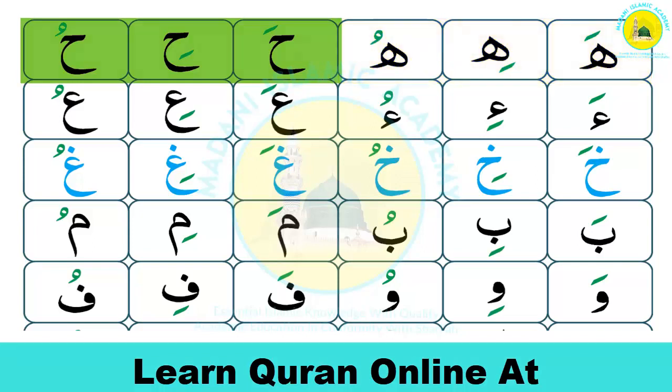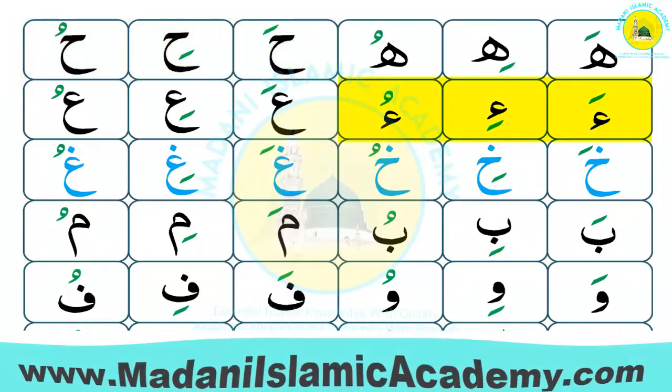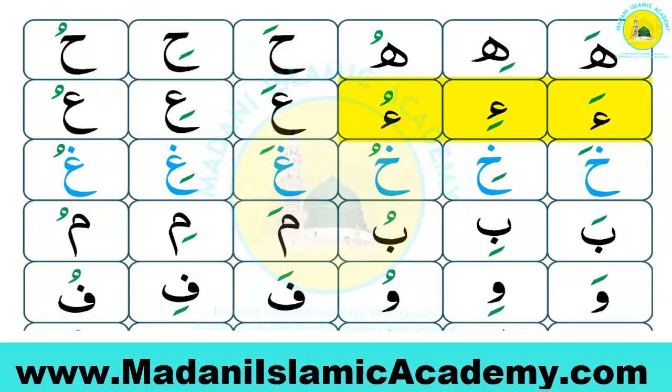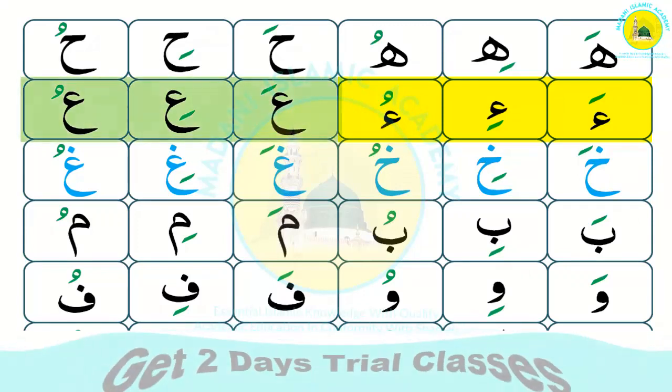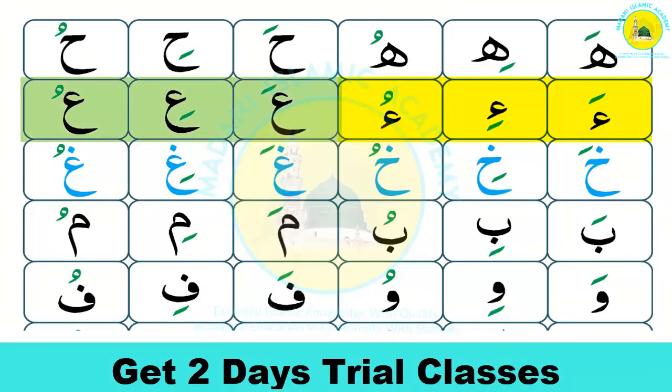The next six letters are qaribu sawt as well. A, e, u, a, ri, u.